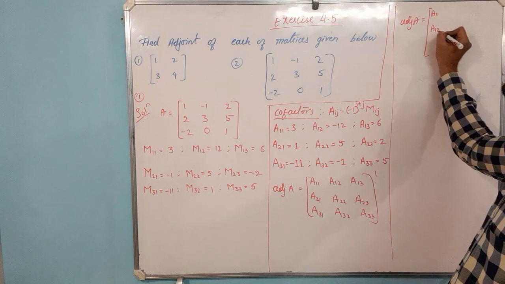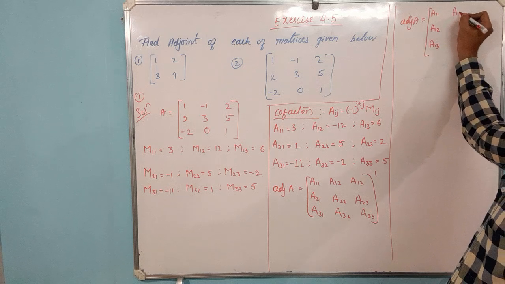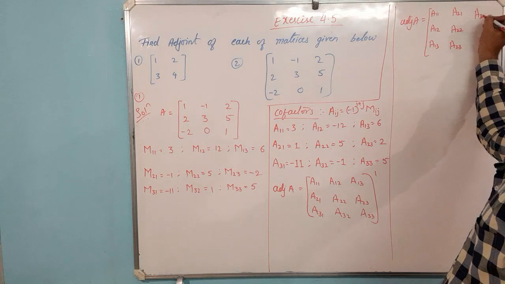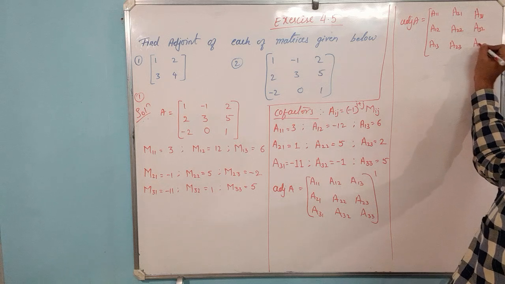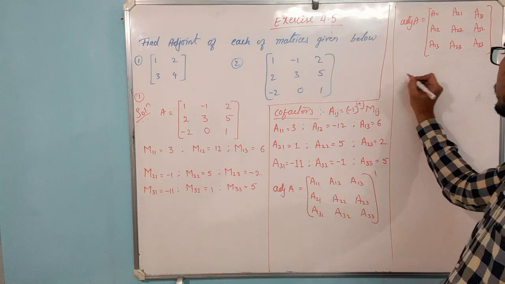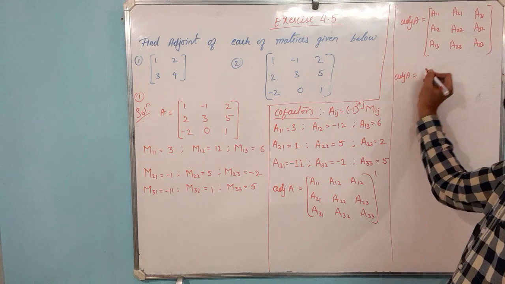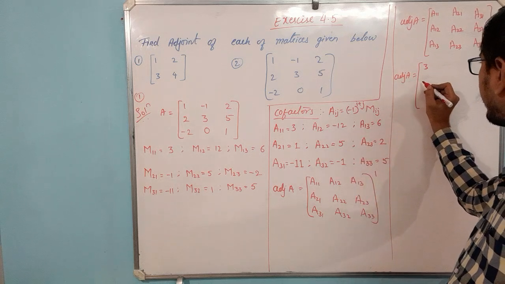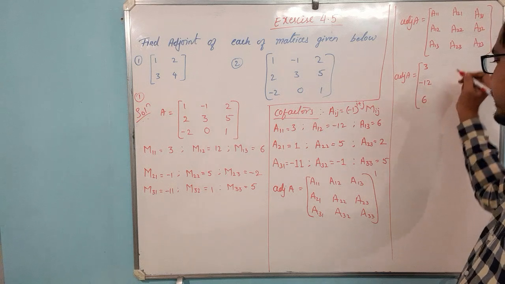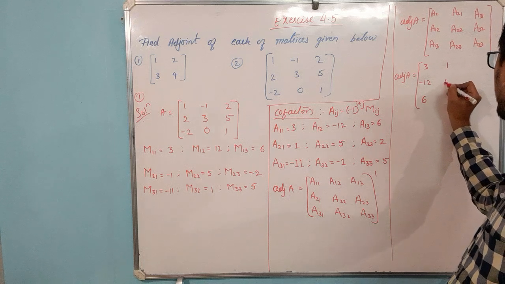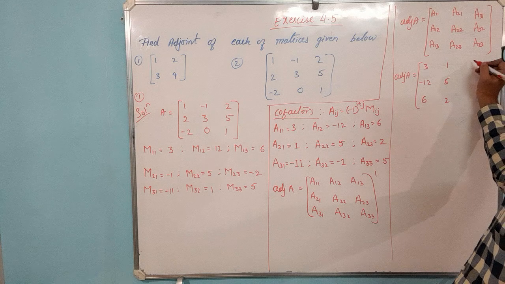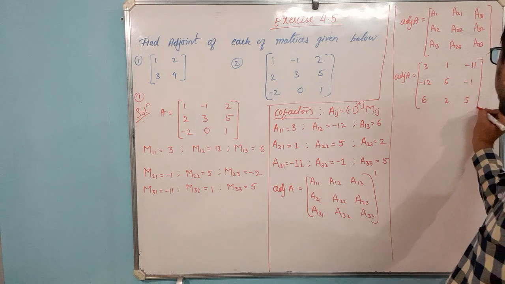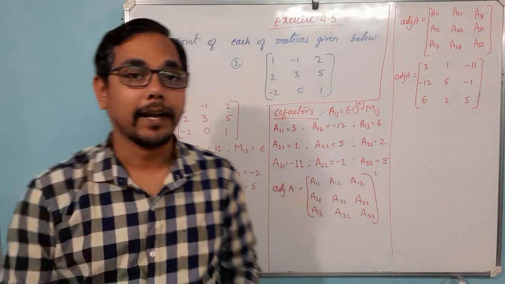A11, A21, A31, A12, A22, A32, A13, A23, A33. So I can write adjoint A as, what is A11? 3, A12 minus 12, A13 6, A21 1, A22 5, A23 is 2, A31 minus 11, A32 minus 1, A33 5, right? So this is how we find the adjoint A.